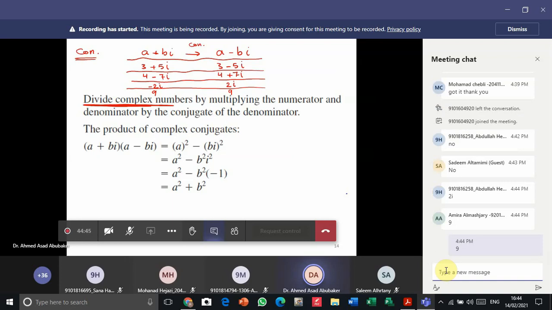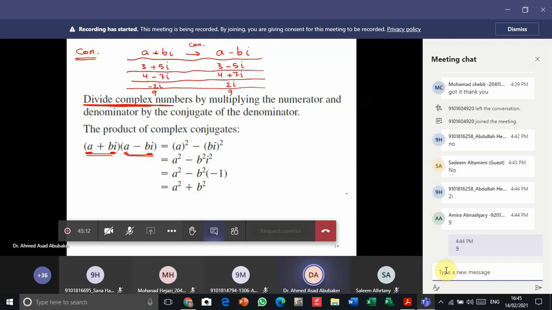Okay, so if we have any complex number multiplied by its conjugate, look at this: a, b, but here positive b, here negative b. After multiplying any number with its conjugate, we have a square plus b square.